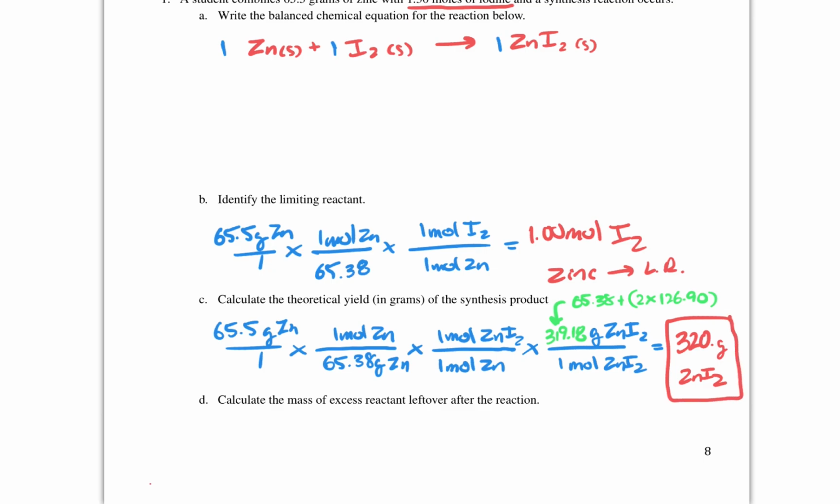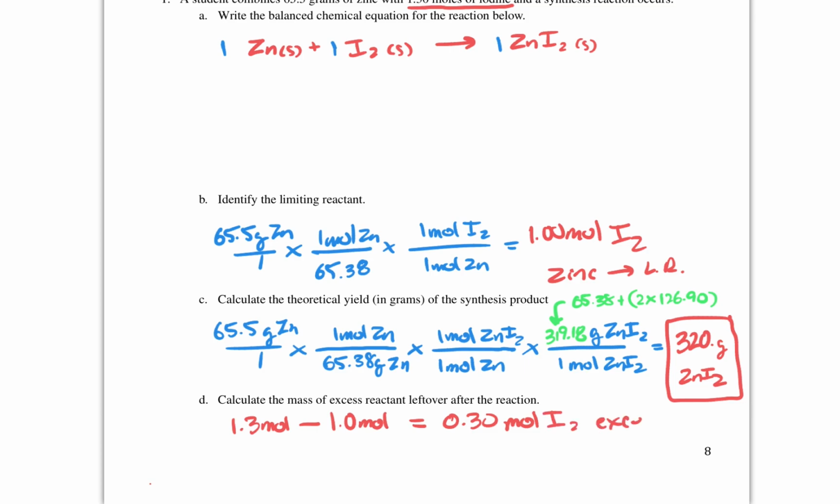And lastly, now I want to calculate the mass of excess reactant left over. Well, I know from part B that iodine is my excess reactant, and I'll need to use 1.00 mole of it to completely consume the zinc. Now, since I started with 1.3 moles of iodine, and I'm going to use up 1.00 mole of iodine in the process, I find the difference and I'm going to have 0.3 mole of iodine excess.